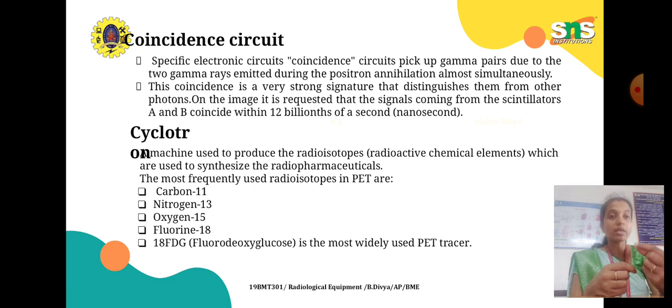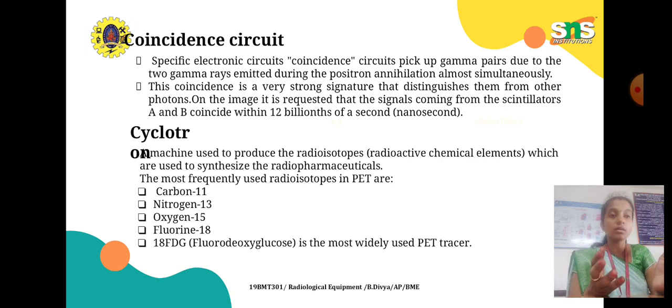By using those, the radioisotopes will be produced in our body, and the gamma rays will also be produced and will fall on the part which is affected.